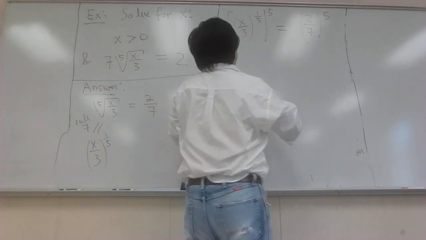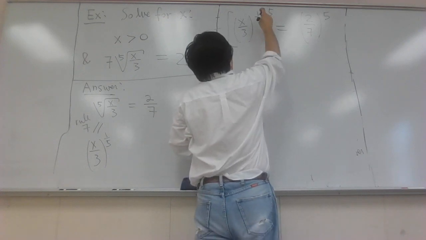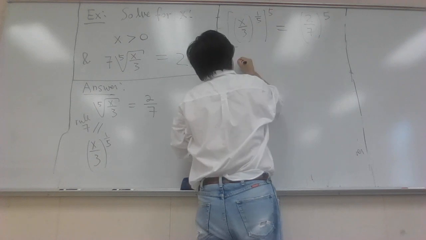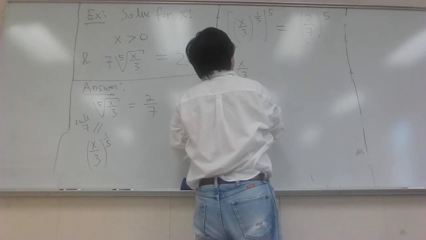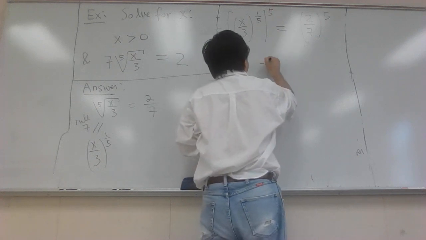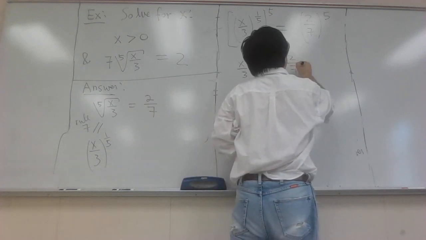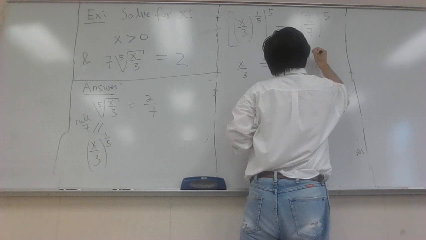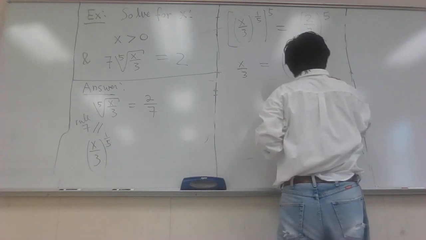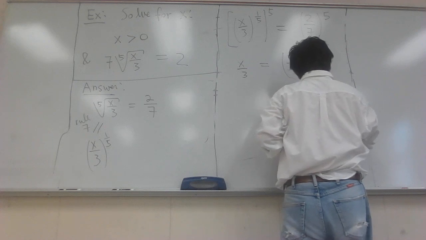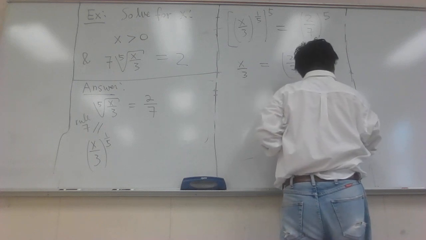So this is this thing to the power of 1/5 times 5. 1/5 times 5 is 1. So it's x divided by 3 to the power of 1, which is just x divided by 3 is 2 over 7 to the power of 5. And you can leave your answer like this.